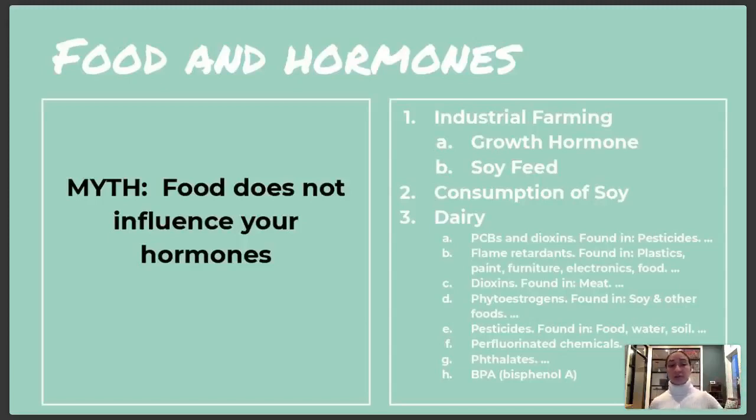So every time your kid consumes cheese, milk, beef that is not organic, that is not grass-fed, none of that, they're getting exposed to soy, and they're also getting exposed to growth hormone. So it's very important for us to not just brush that under the rug, because food is a huge reason for why our hormones are really off.